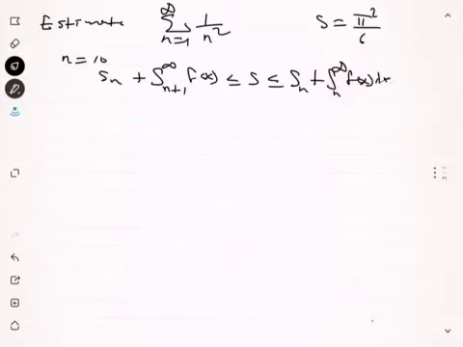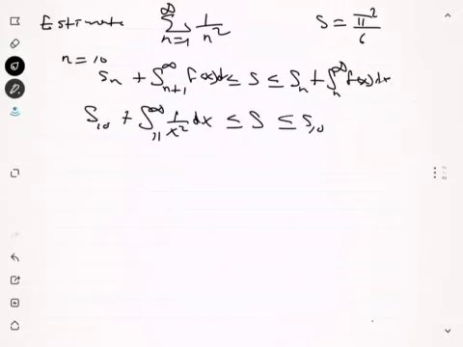So with n equals 10, you got S10 plus the integral from 11 to infinity of 1 over x squared, because this is the function corresponding to 1 over n squared. So s will be between that and S10 plus the integral from 10 to infinity of 1 over x squared dx.